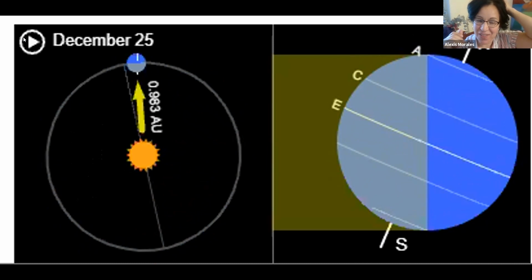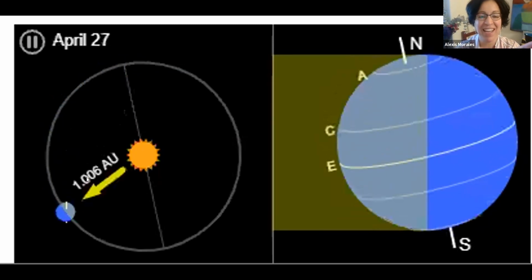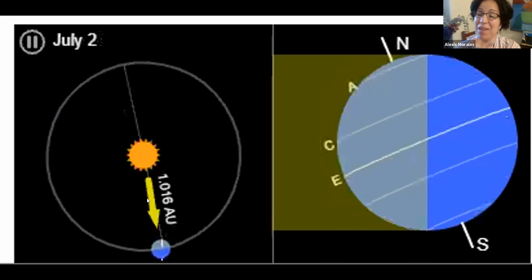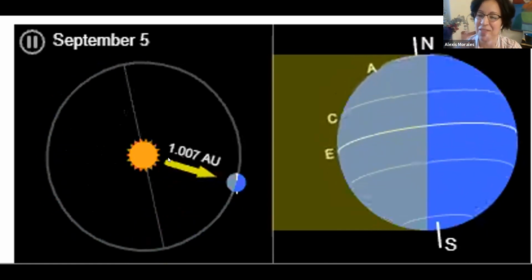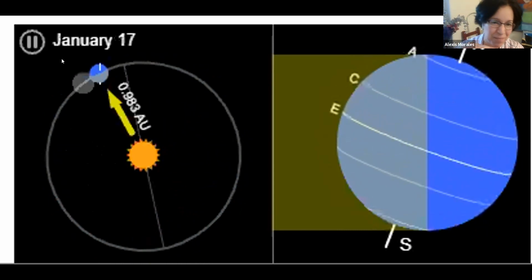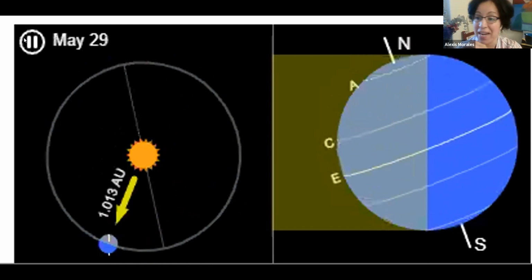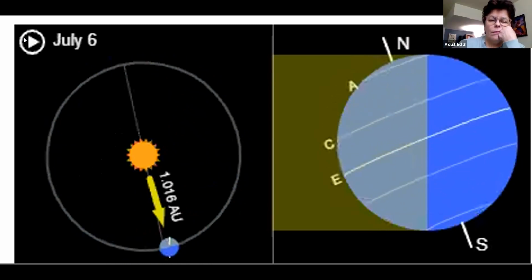And even though this is a circle, those numbers are different. The distance from the sun to the earth keeps changing. And maybe that's a way also to get back to dispelling that myth, that we're closer to the sun in summertime, when they can actually see that distance. And I guess a discussion about AU is important.